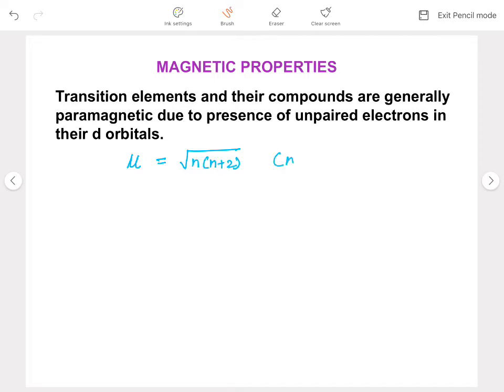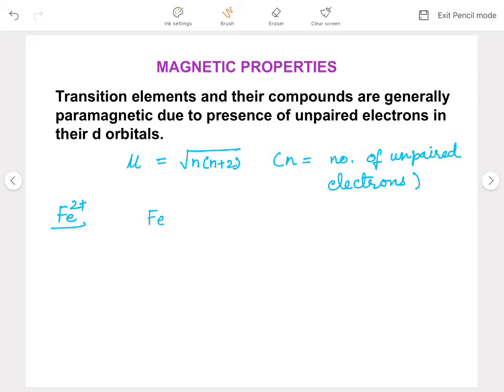Here n is equal to the number of unpaired electrons that are present in that element or compound. So let's take up an example. Suppose we have to calculate the magnetic moment of Fe2 plus ion. So for this we have to see the number of unpaired electrons in it.